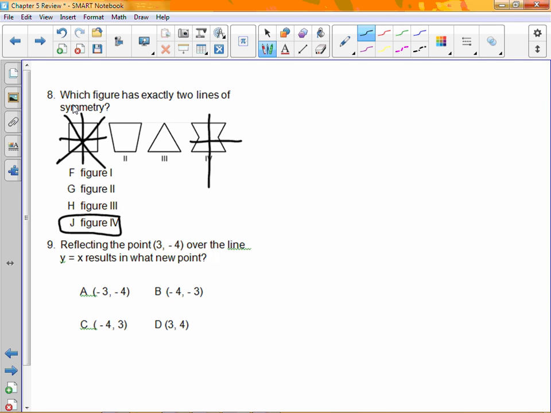The way you find the inverse is you flip it over the line y equals x. The result of flipping over y equals x is that it takes the x's and makes them y's and the y's and makes them x's. So (3, -4) becomes (-4, 3). See? All right?